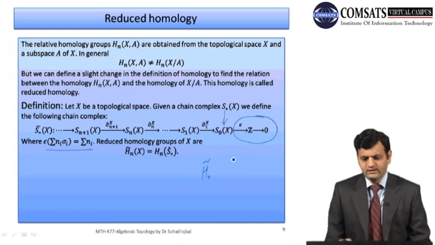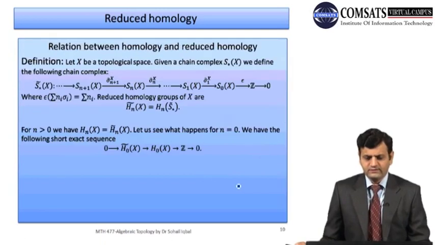And as I said earlier, for each and every n, there is no difference between the reduced homology and the homology; the only difference is between H naught of X and H naught tilde of X. There is a relation between these two as well, and we have done that. The reduced homology of X and the homology of X satisfy this short exact sequence.